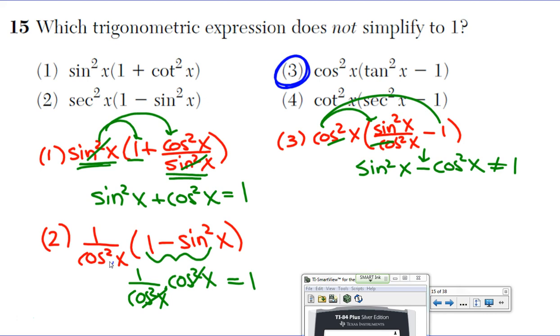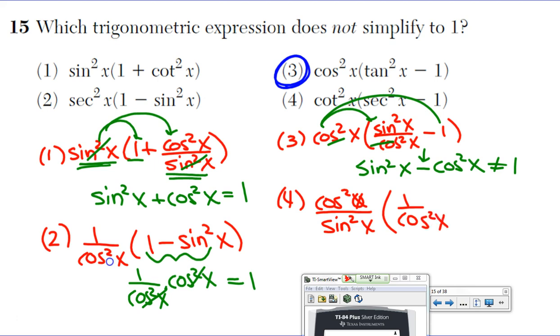I can do that real quick, I suppose. Cotangent would be cosine squared over sine squared. Secant is 1 over cosine squared. And minus 1. Okay, so when you multiply these two together, these two are going to cross off and you have 1 over sine squared.